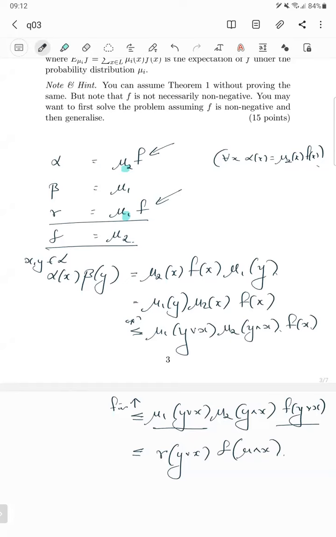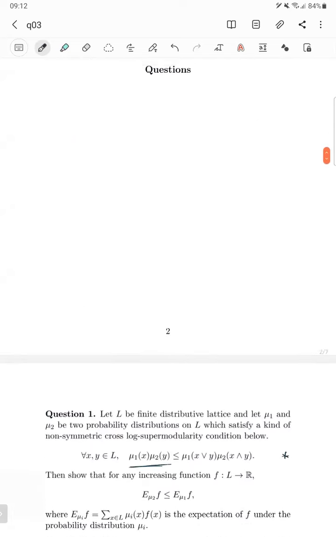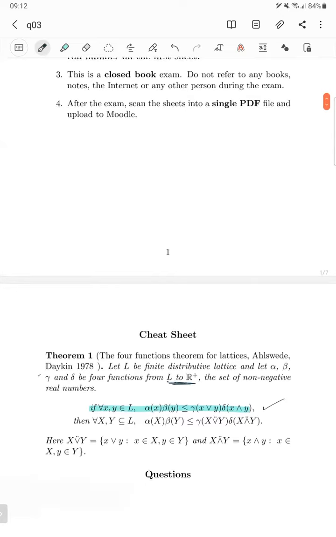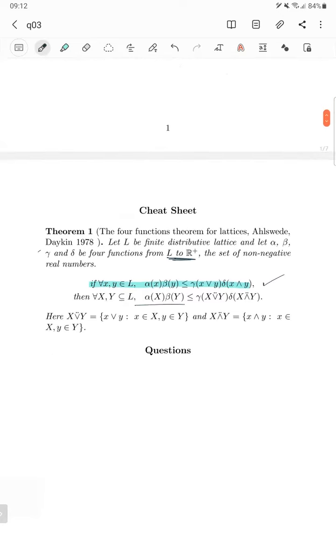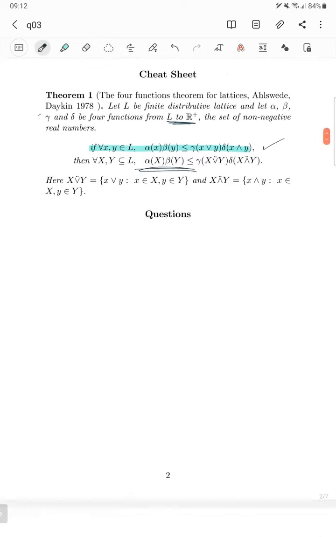Actually, it's straightforward. You have to first let us assume f is non-negative. If it's already increasing, in addition to that, we are assuming that f is non-negative. Then all the hypotheses of the four functions theorem are true, and hence you can now apply this formula, right?